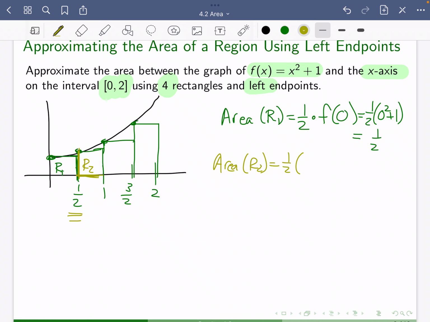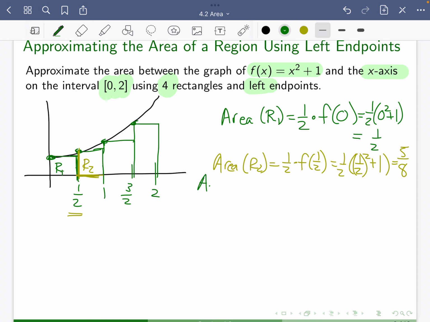And so we're going to have 1/2 times f of 1/2. So we have 1/2 times 1/2 squared plus 1, which is 5/8.